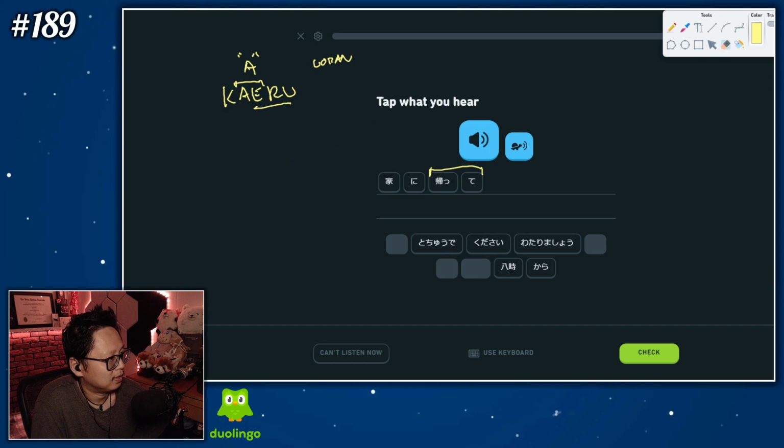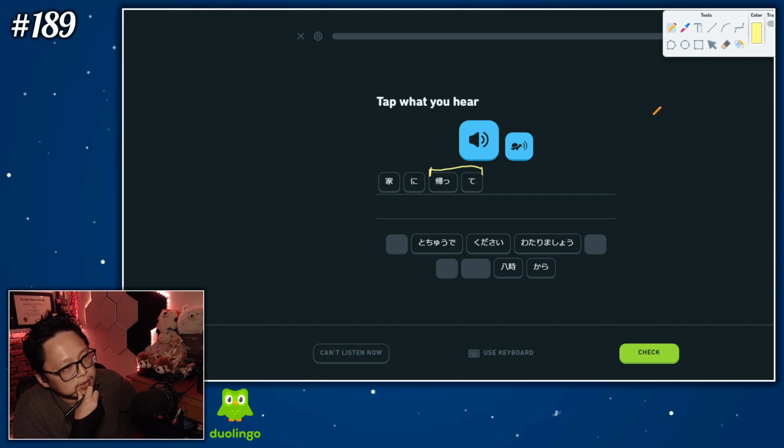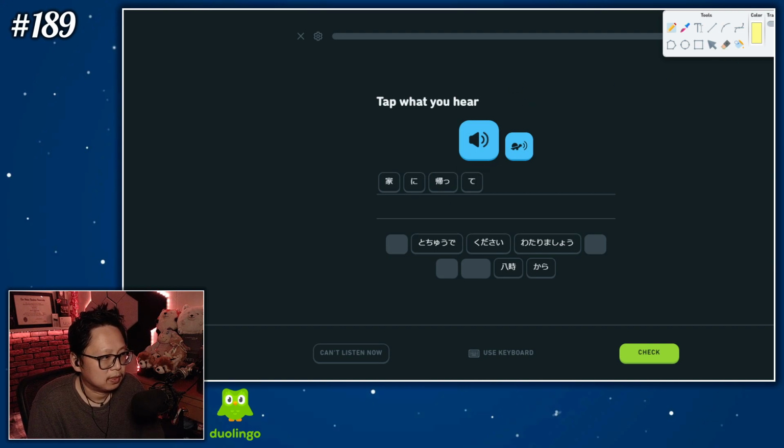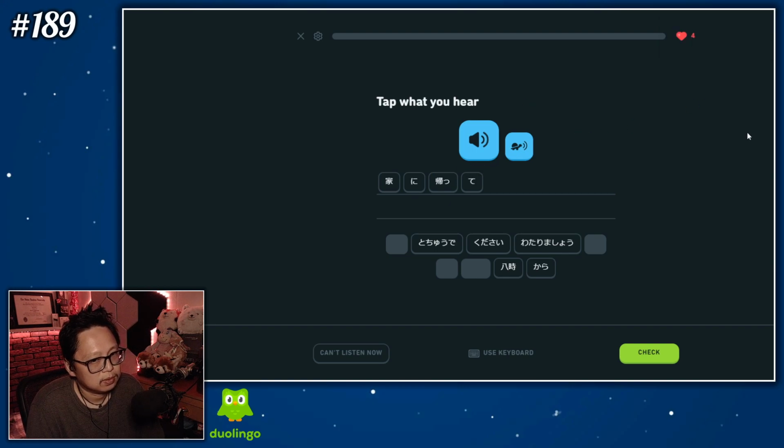That's a little too complicated to think about the sounds. But for now, we'll do it case by case. So, kairu is conjugated like in aru, as opposed to in eru. That's interesting. I'll make a note of that. I totally forgot that kairu is one of those verbs.